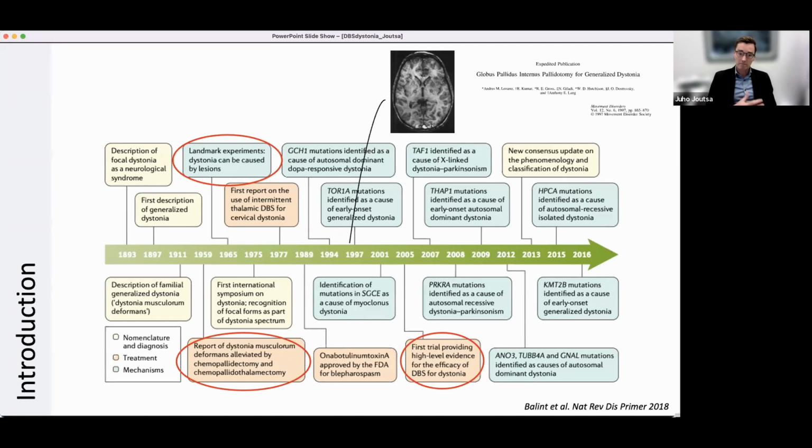And also reports of efficacious pallidotomy really nailed down that we are dealing with a brain disorder here. And these early findings, with multiple phases in between, eventually led to validation of GPi-DBS, which is currently the most efficacious treatment method for dystonia.